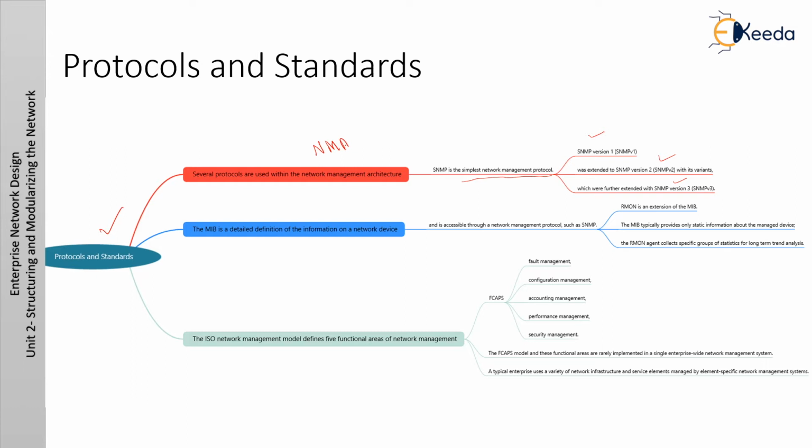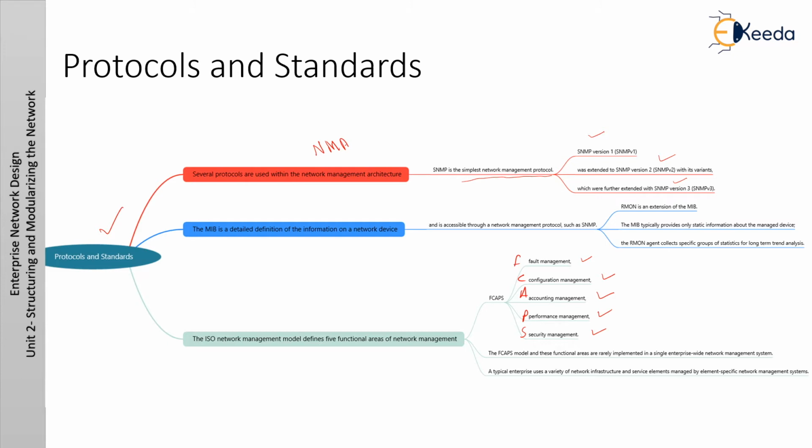The ISO network management model defines 5 functional areas. These include fault management, configuration management, accounting management, performance management, and security management. So FCAPS, this is FCAPS.